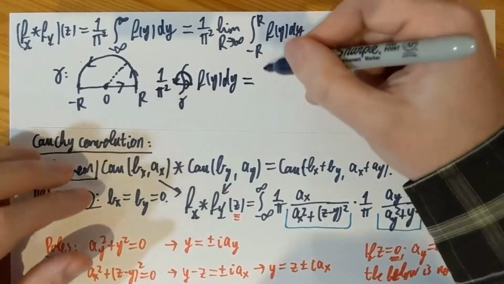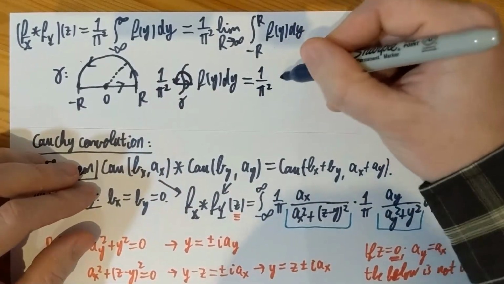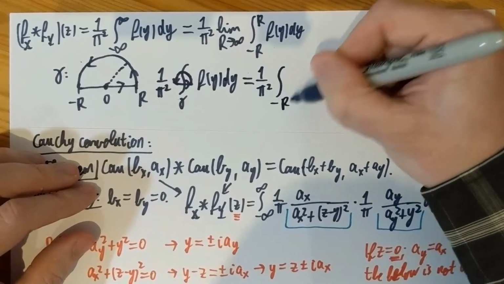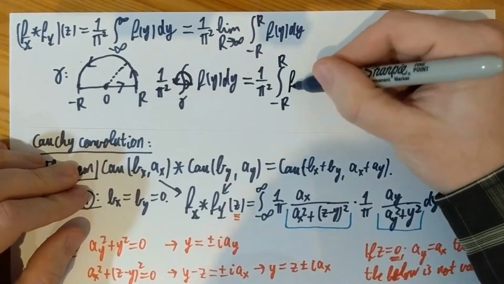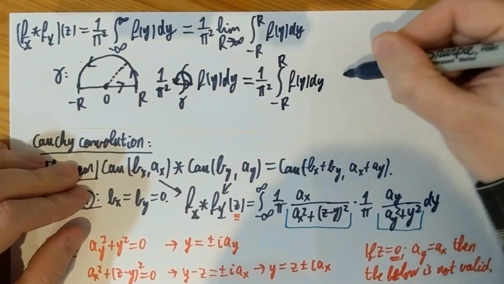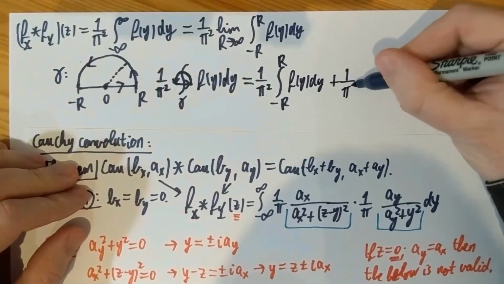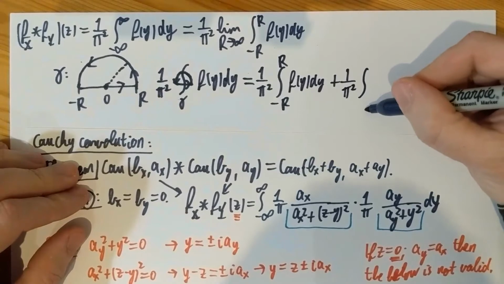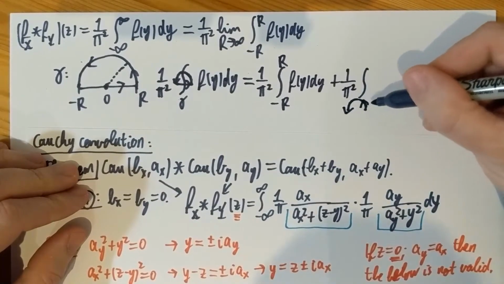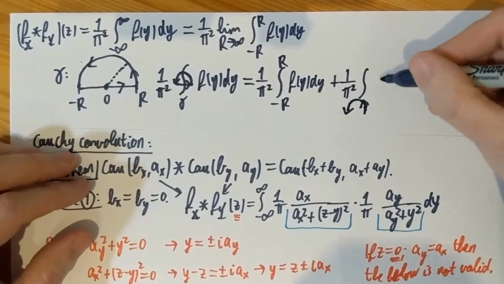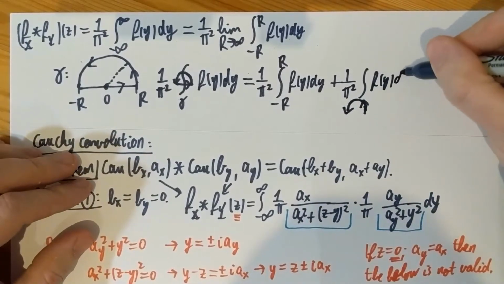This has of course two contributions: the real integral from minus r to r, which is this segment here, and the integral of 1 over pi squared on the semicircle, the complex line integral on the semicircle only.